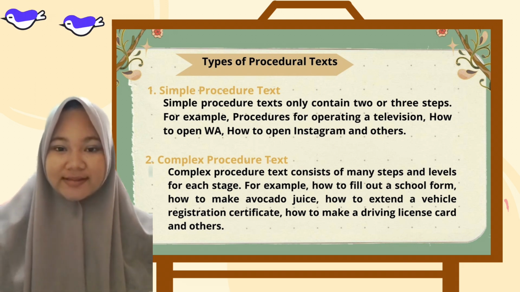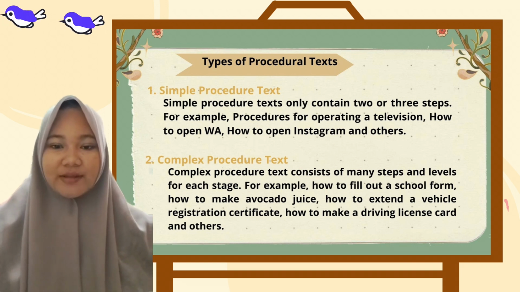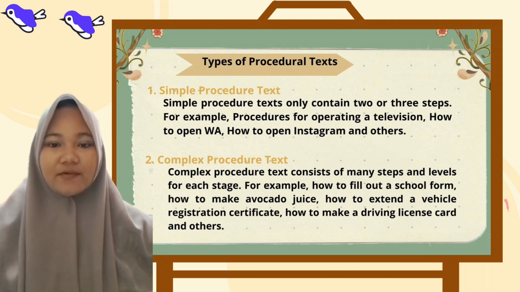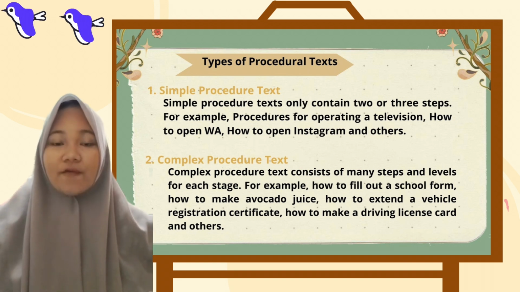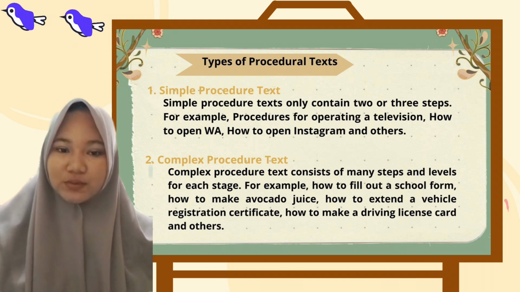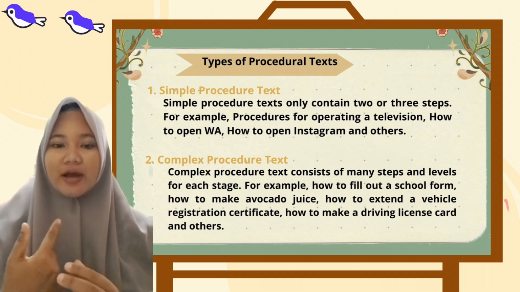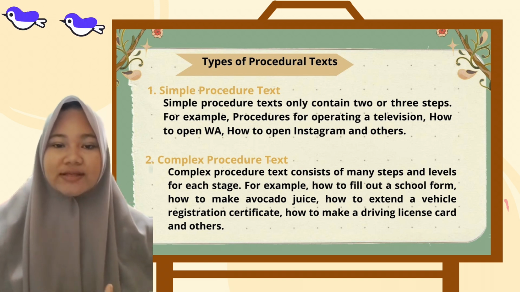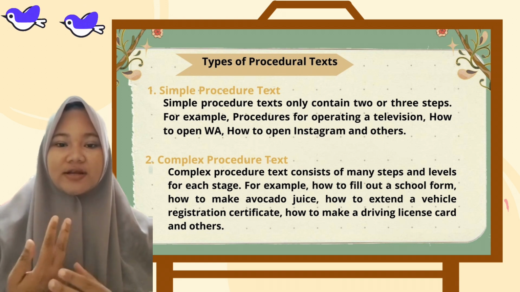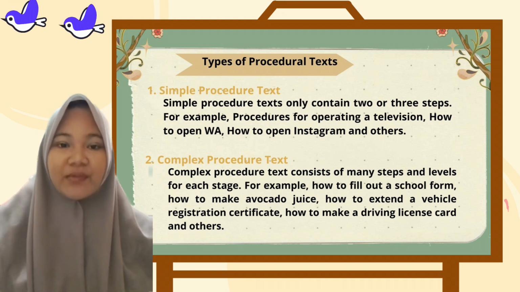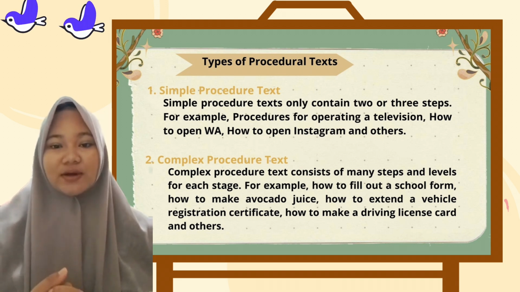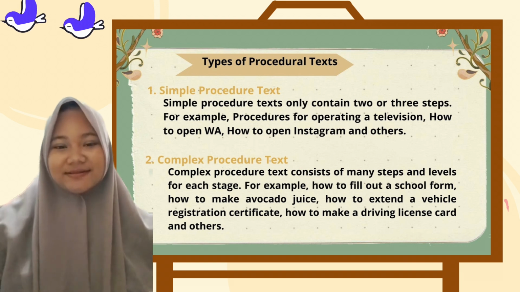Complex procedural text consists of many steps and levels for each step. For example, how to fill out the school form, how to make avocado juice, how to extend a fields registration certificate, how to make a driving license card, and others.